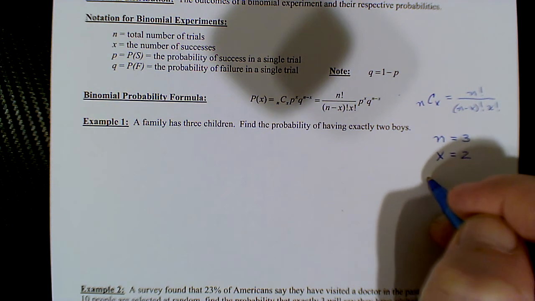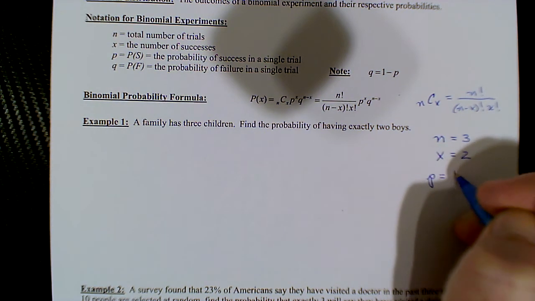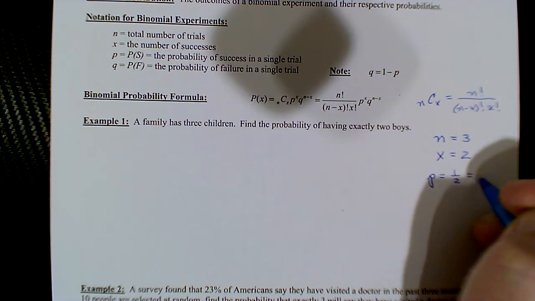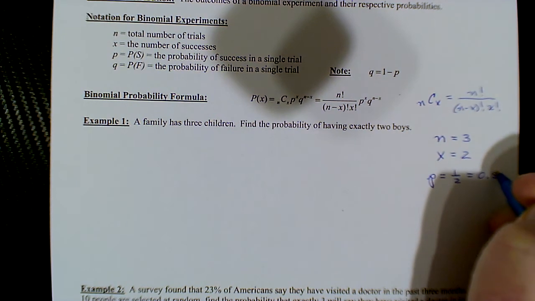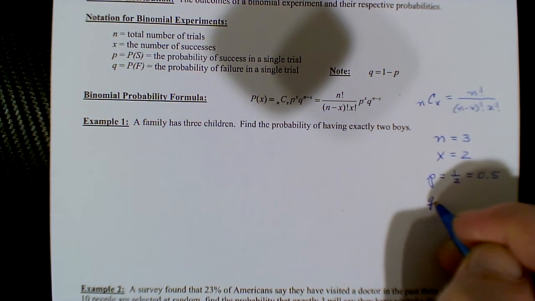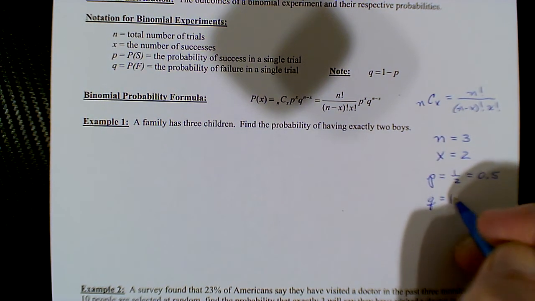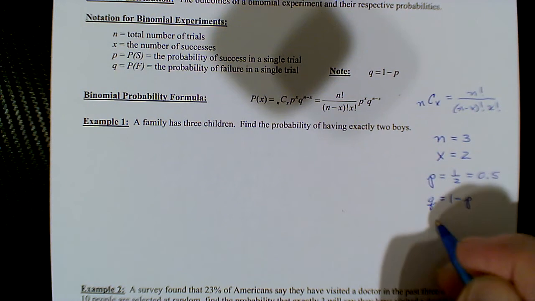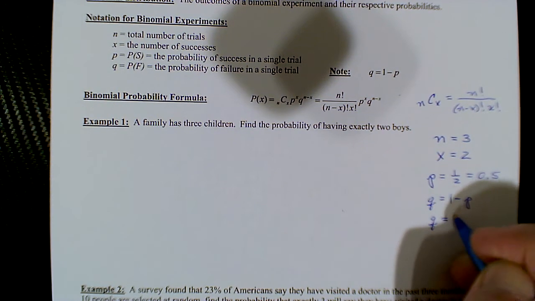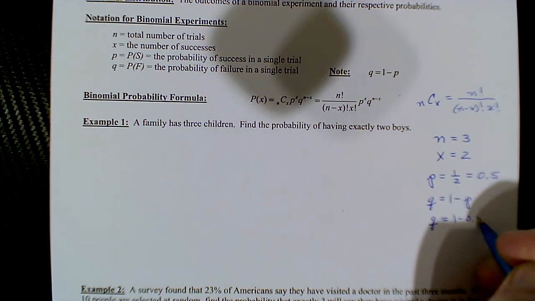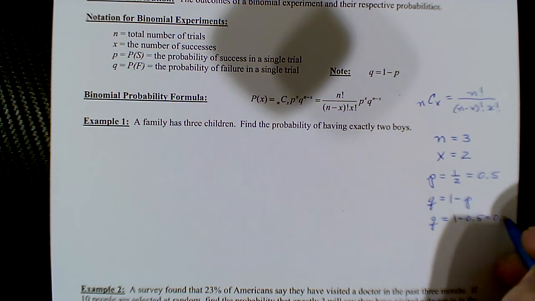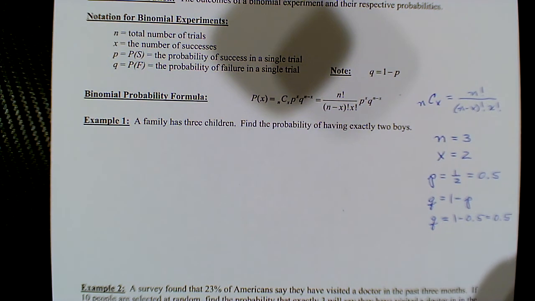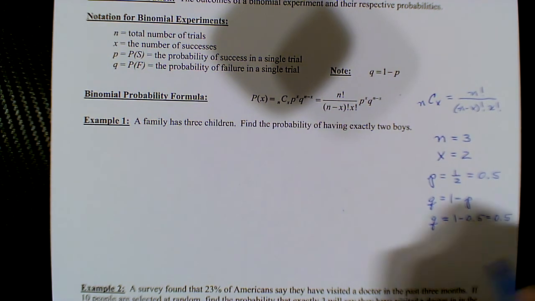Now the probability p of success is just 1/2, 0.5, and q is 1 minus p. So I'll say 1 minus 0.5, which is also 0.5. And now we can go to our formula.